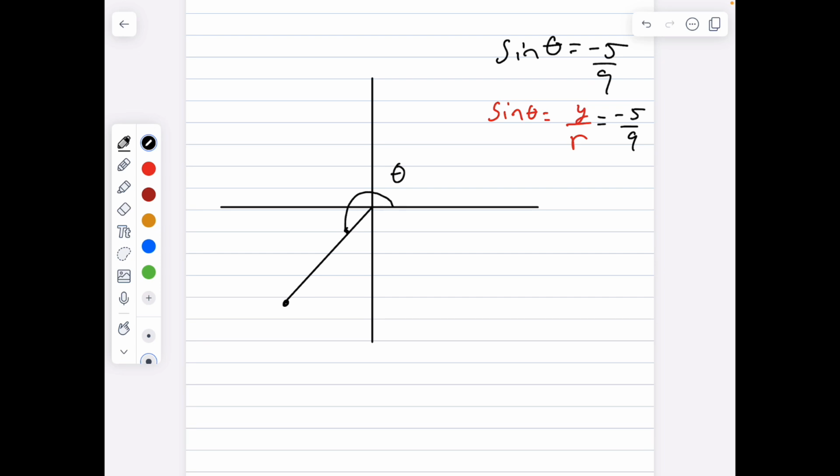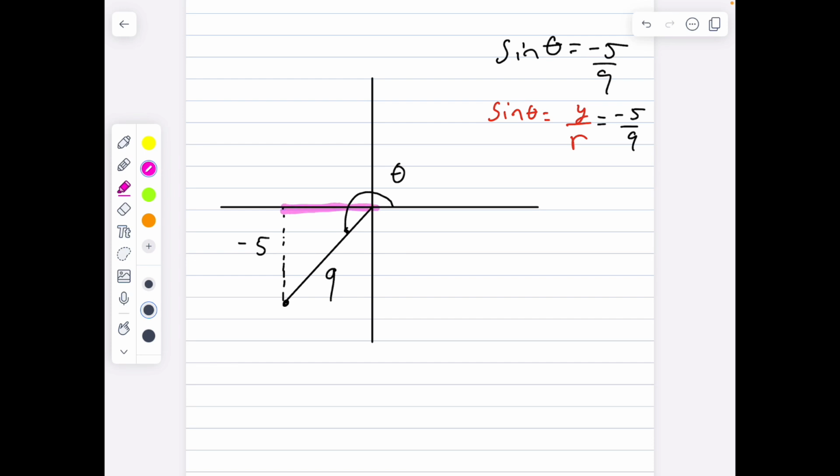So I'm going to draw that here. y is its vertical distance, that would be minus 5, and r is the distance from the origin to where that angle terminates. And what I need here is this value x, which is this distance.